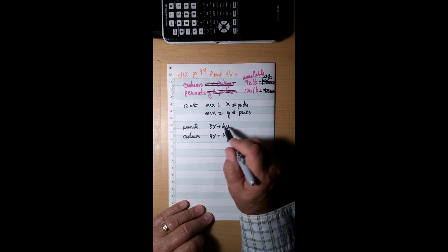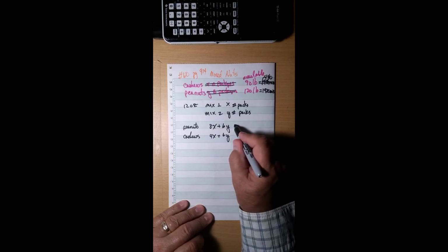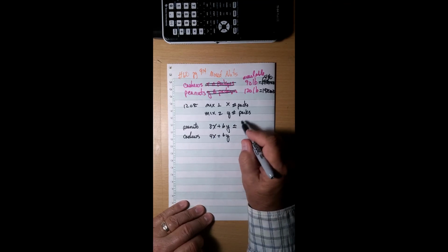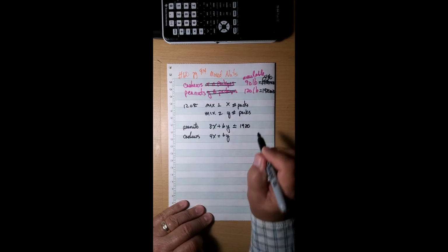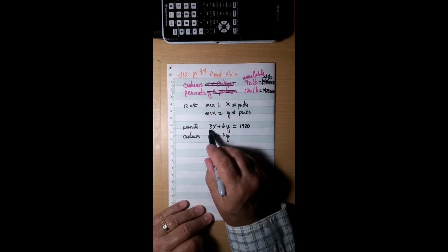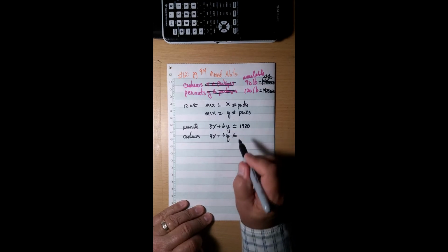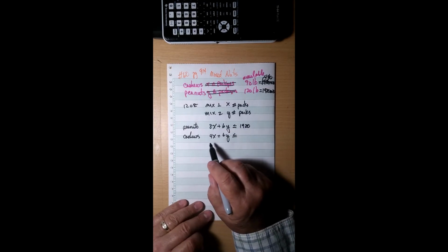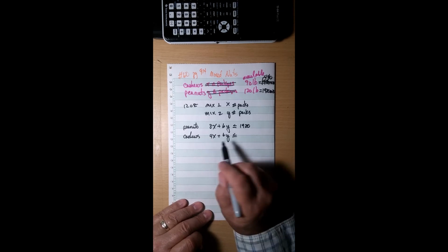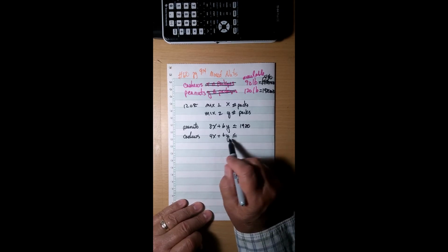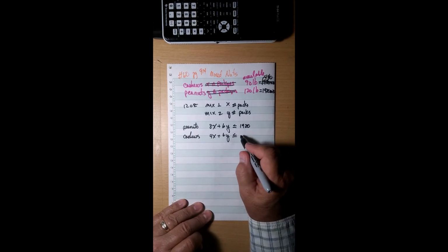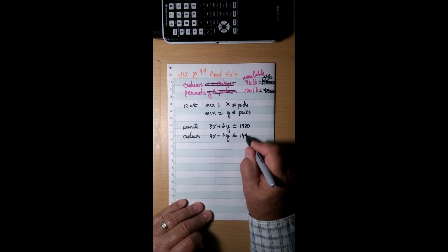Now for the peanuts, we can have up to 1,920 ounces: 8 ounces, 6 ounces, times the number of packs. And we have 4 ounces and 6 ounces for cashews for these number of packs, but we have 1,440 ounces.